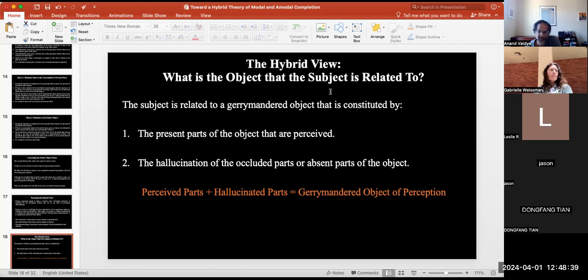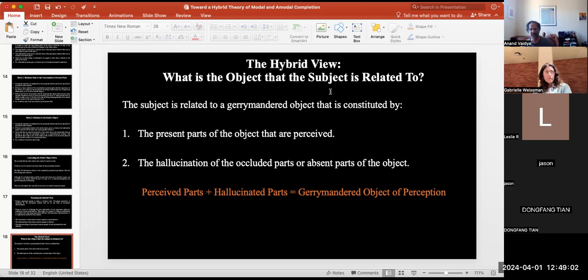Okay, so the subject on this view, on the hybrid view, is related to what we call a gerrymandered object that is constituted by two things: one, the present parts of the object that are perceived, which would be encoded at some degree in the retinal image, and two, the hallucination of the occluded parts or absent parts of the object. So this is a mixture.